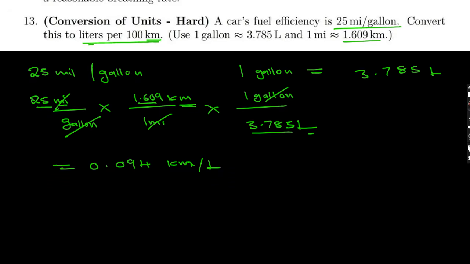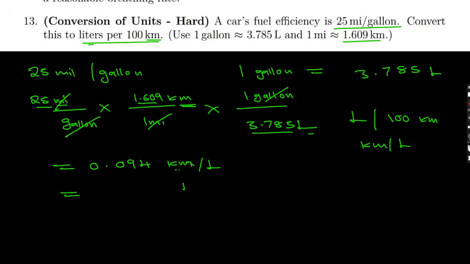Now look at this. We have been told to find our answer in liters per 100 kilometers. But as you can see, we have the form of kilometer per liter, which is not even matching. That means we are going to flip the expression, for us to have liters on top and kilometer down there.